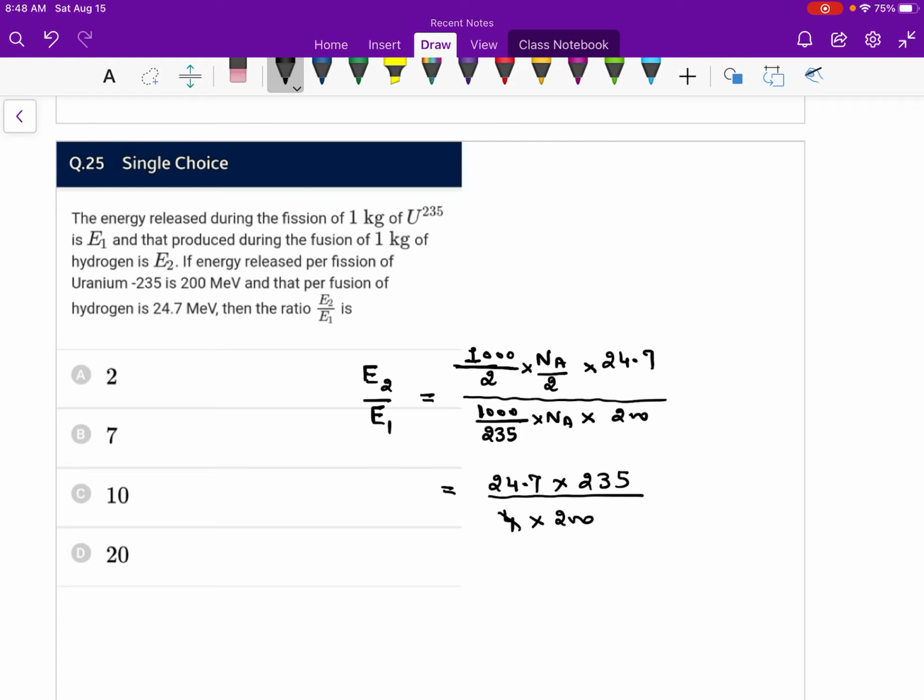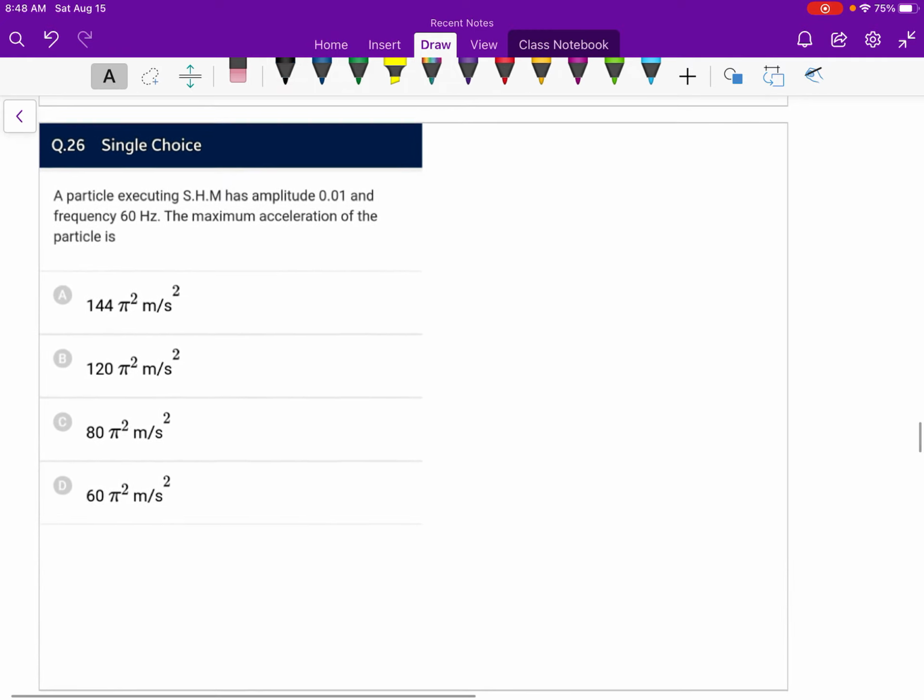This comes to about 3.1, so roughly 235 into 3, which is roughly 700. So 700 upon 100, 7. So B is the correct option.